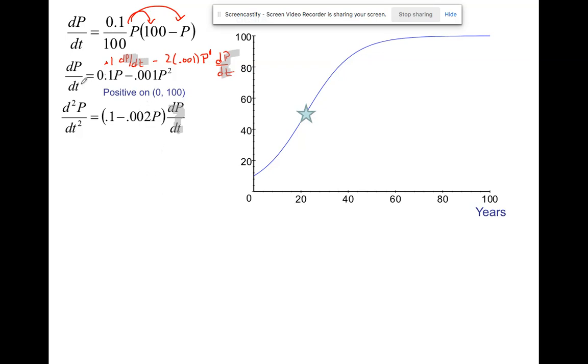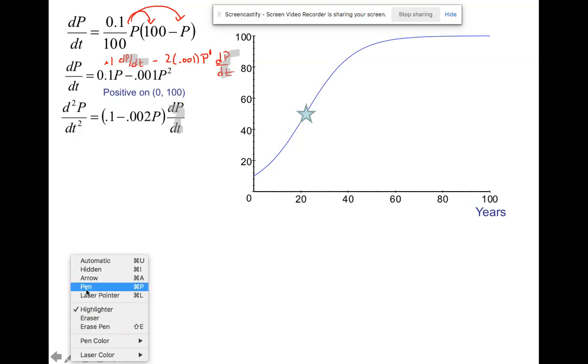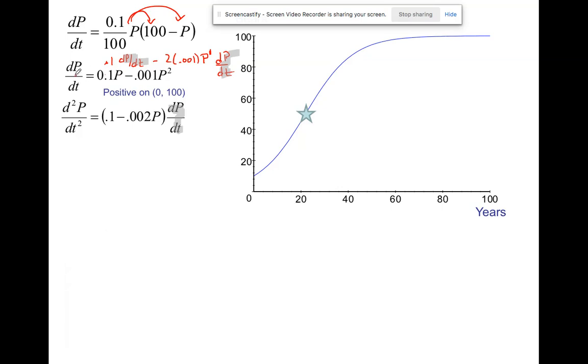Now remember, the rate of change is positive, right? The slopes on this graph are all positive. Since dP/dt is positive, I'm looking for where the second derivative equals 0.